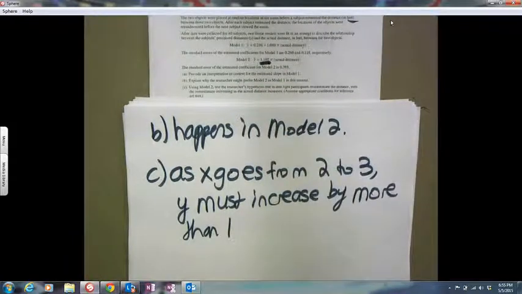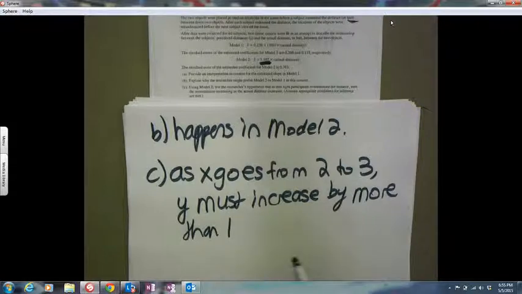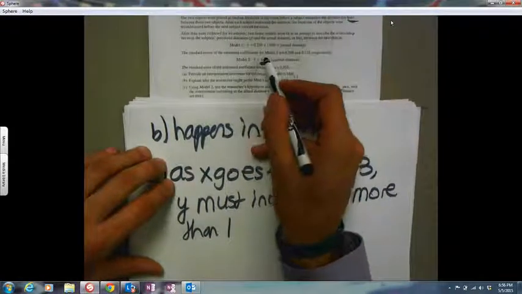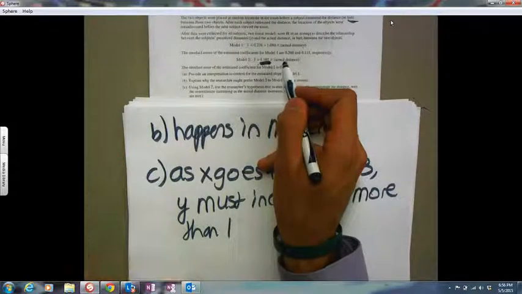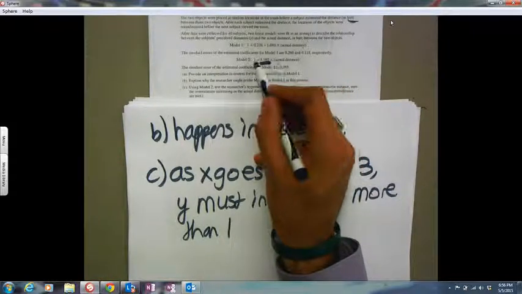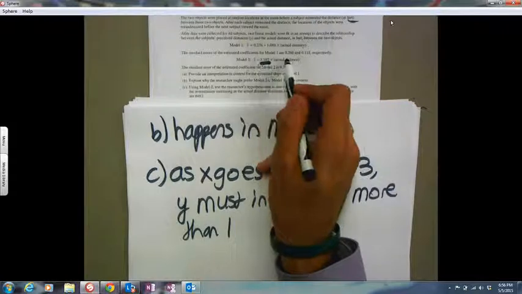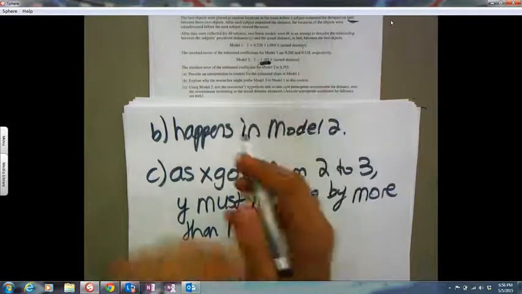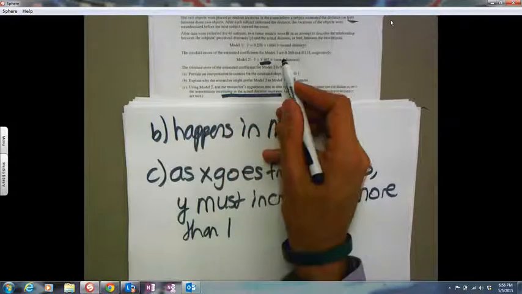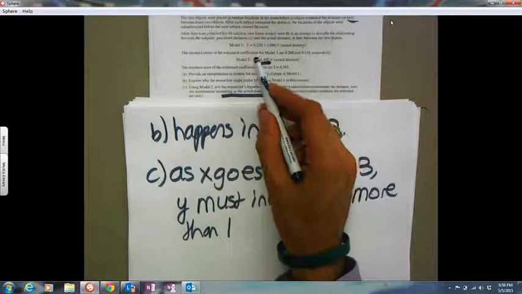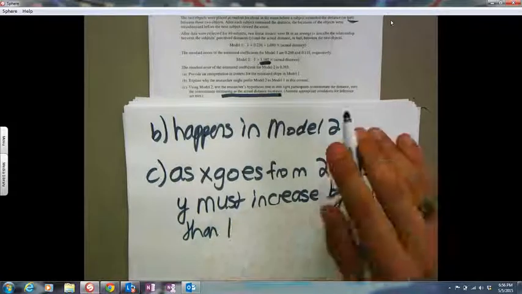Why does the slope have to be bigger than 1? Because if this was y equals 1 times x, what would happen? If x was 3, y is 3. If x is 4, y is 4. If x is 5, y is 5. Then the overestimate is not increasing as this one goes up. This is still staying with an increase of 1 unit.